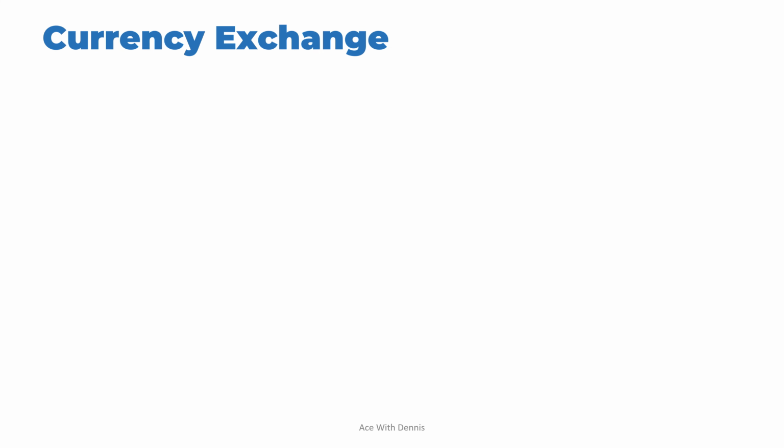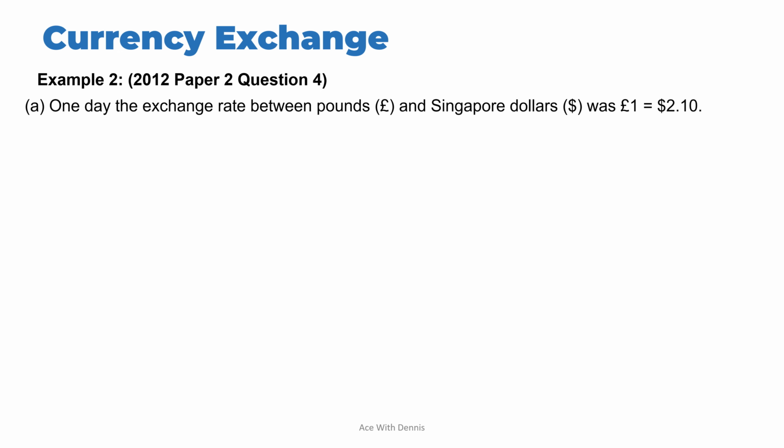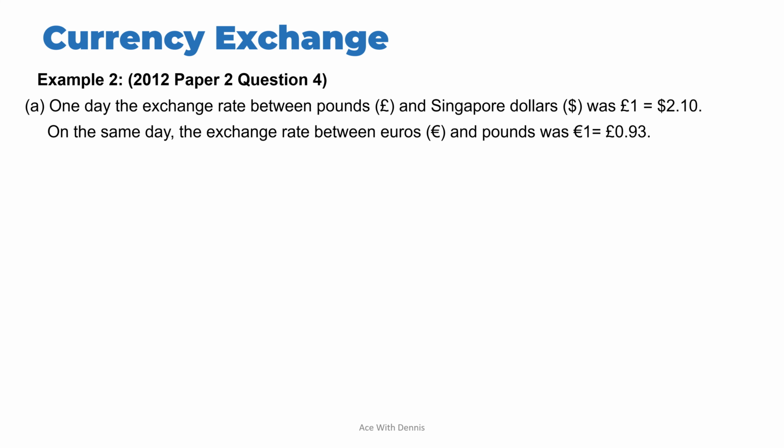Let's see another example, example 2. This question comes from a past exam paper. The year is 2012, paper 2, question 4. A. One day, the exchange rate between pounds and Singapore dollars was £1 equivalent to $2.10. On the same day, the exchange rate between euros and pounds was €1 to 0.93 pounds. 1.